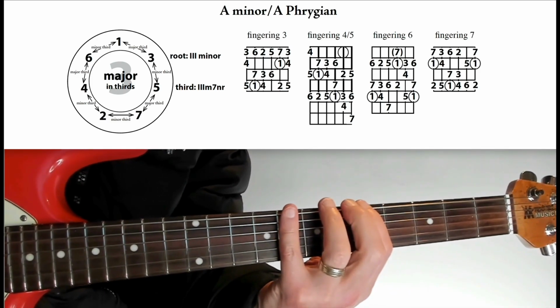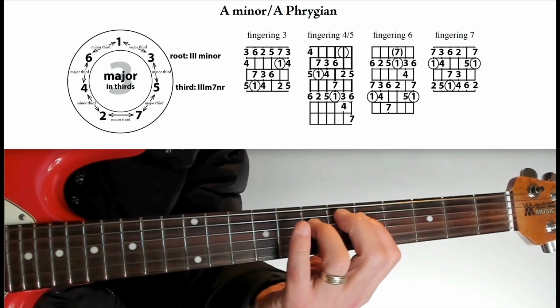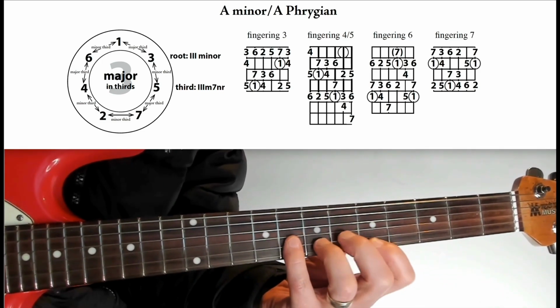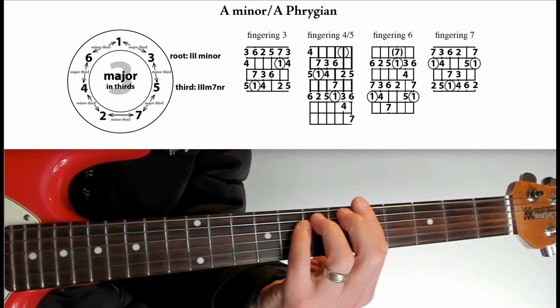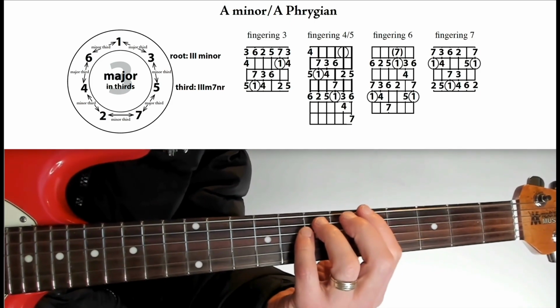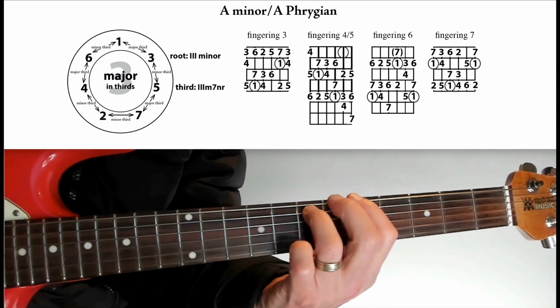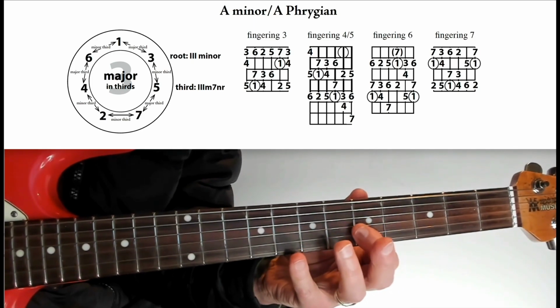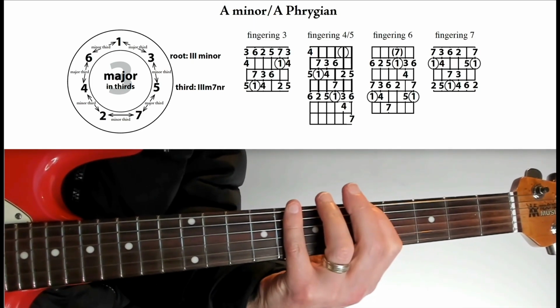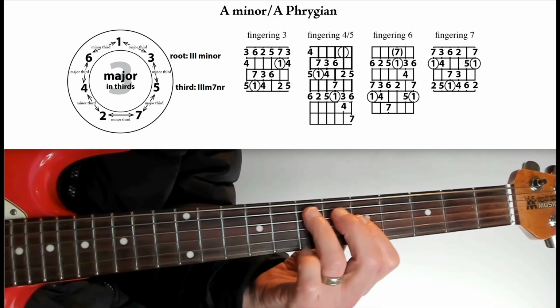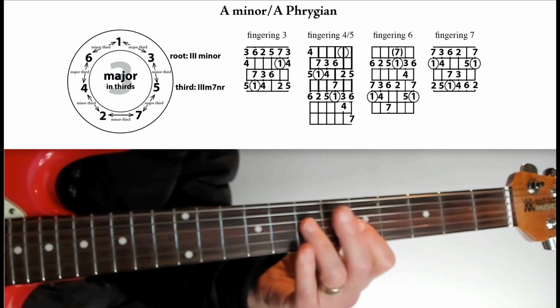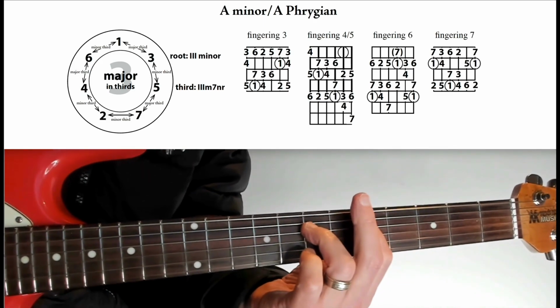And the scale tones are 3, 4, 5, 6, 7, 1, 2, 3, 4, 5, 6, 7, 1, 2, 3, 4, 5. And the A minor triad is scale tones 3, 5, 7, 3, 5, 7, 3, 5. In letters, those are A, C, E, A, C, E, A, C. And that's A minor, the 3 chord of the key of F.